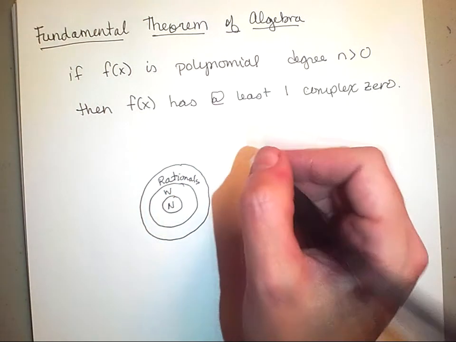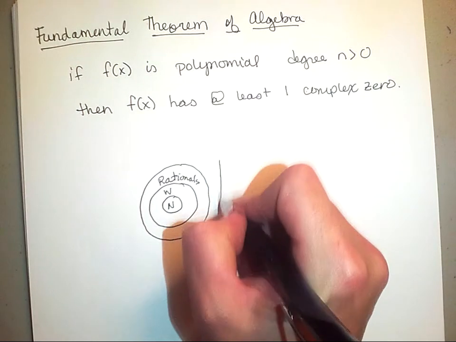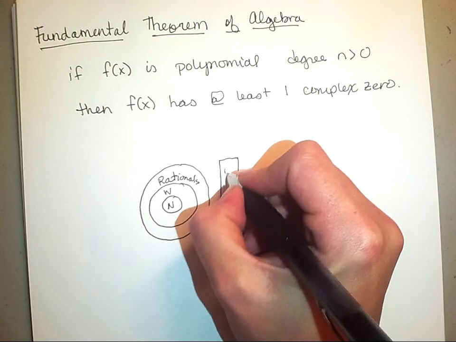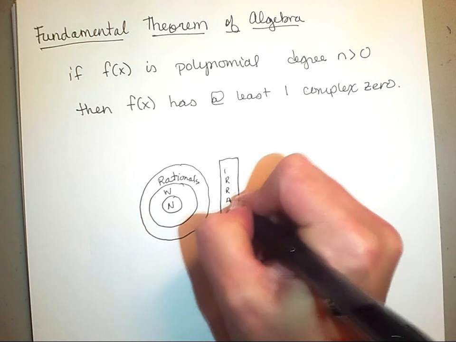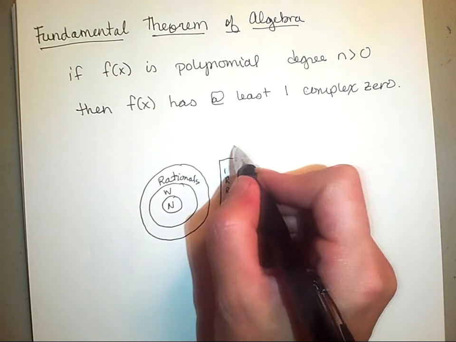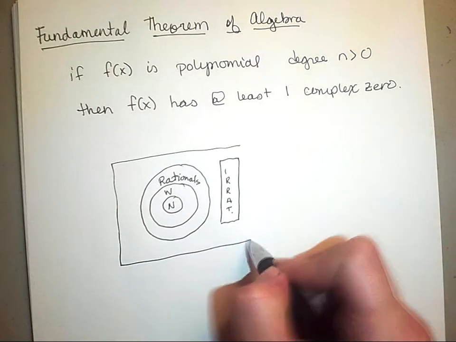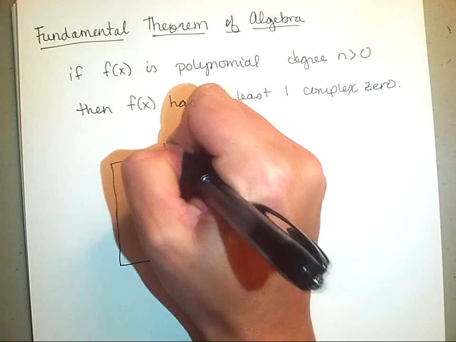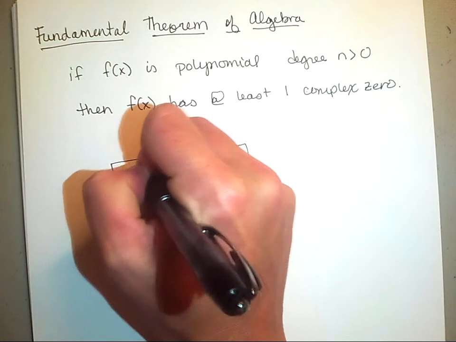Then off to the side we have the irrationals, the square roots of 2 and such. Now when you put all this together, this made the real numbers.